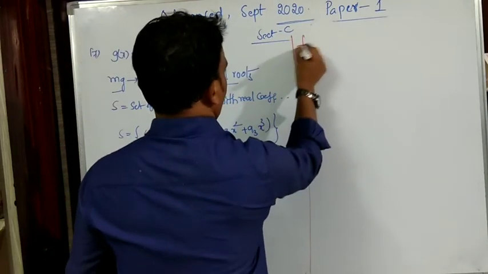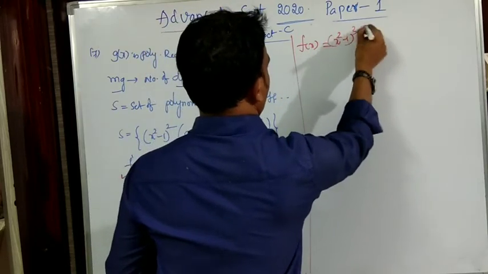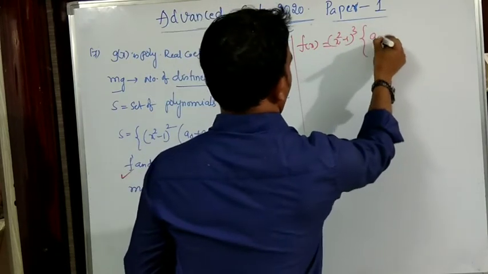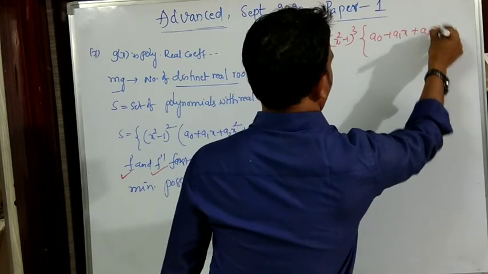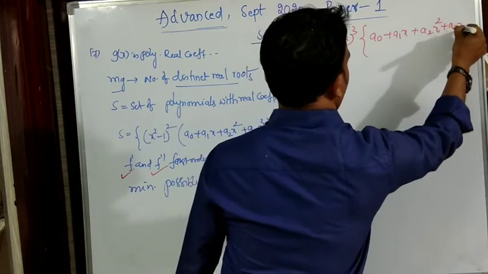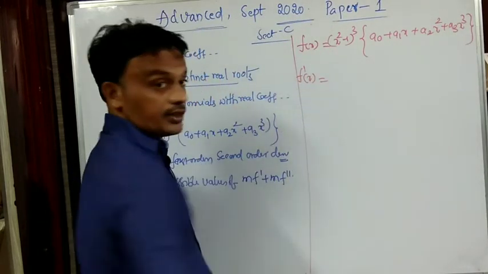So f of x is x squared minus 1 whole cube, times (a0 + a1x + a2x squared + a3x cube). Come on, please take this derivative f dash of x.